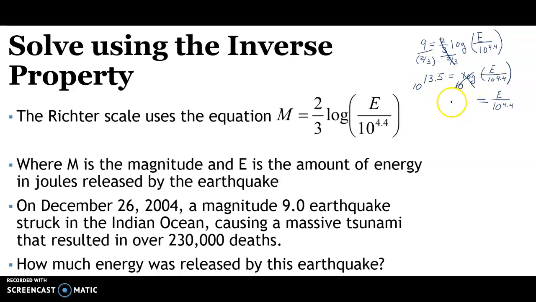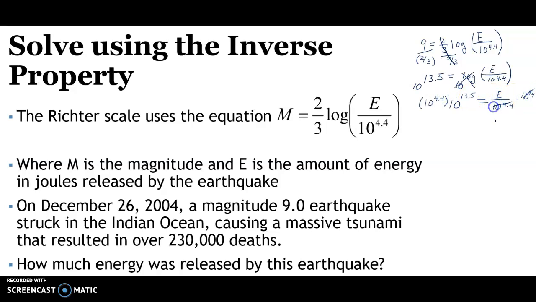On this side of my equation, I have 10 with an exponent of 13.5. To finish solving, I want to multiply on both sides by 10 to the 4.4. Over here as well, times 10 to the 4.4 power.